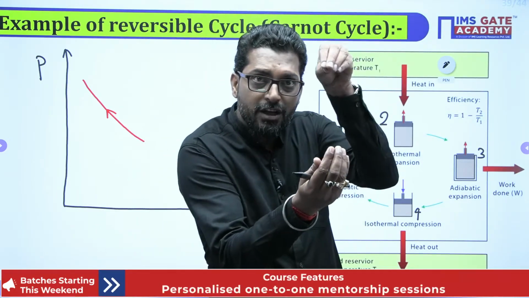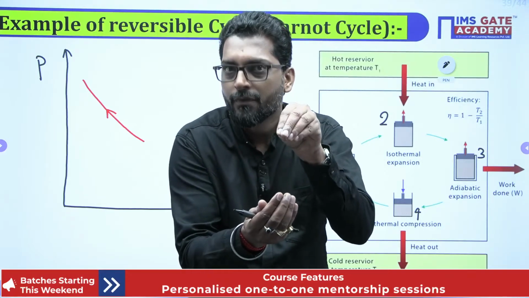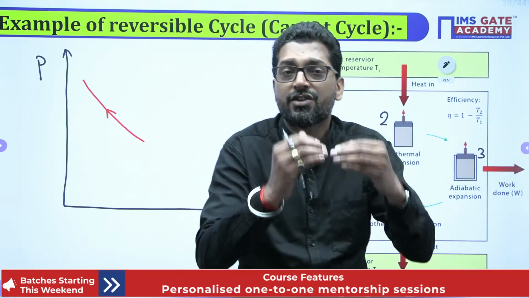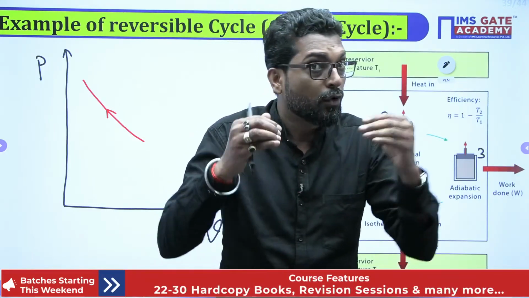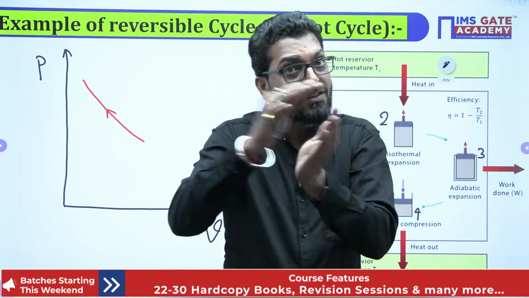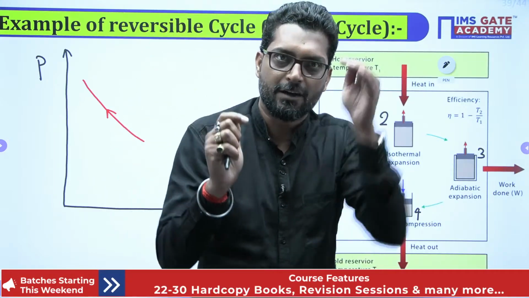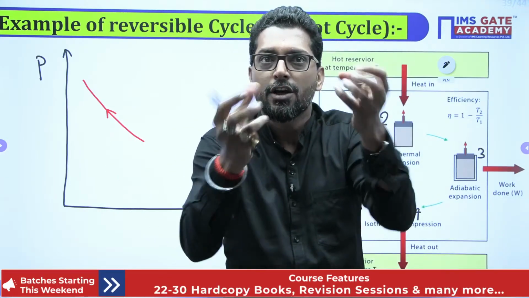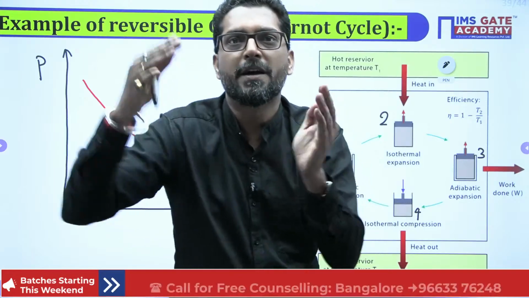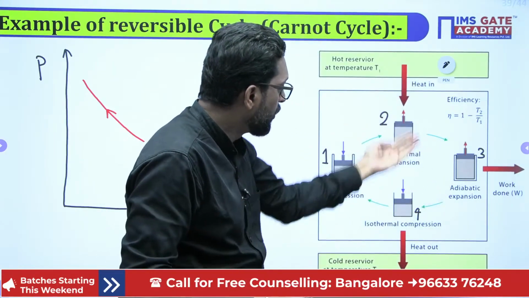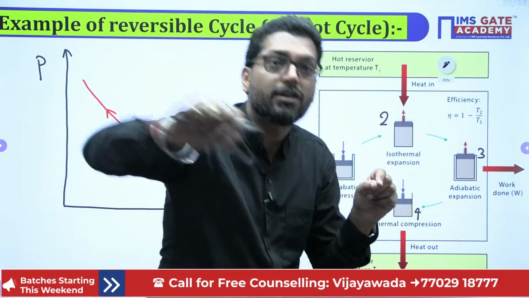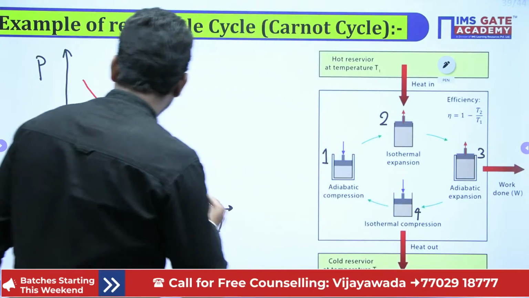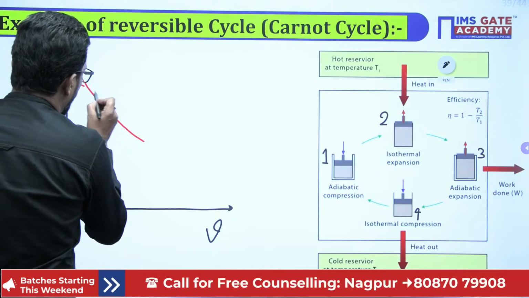See, if we supply heat to the system, the system temperature will increase. So how can you keep the temperature constant? You expand the piston. Heat supply increases the temperature; you don't want to increase the temperature, so expand the piston. Accordingly there is an expansion, and that expansion is throughout at constant temperature. So this is your expansion, no problem at all.